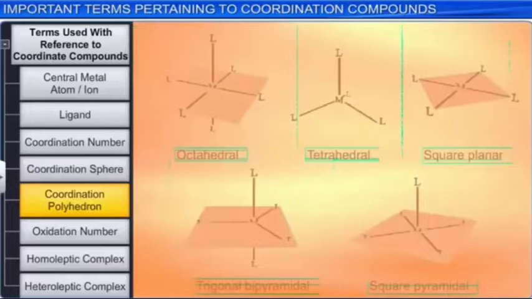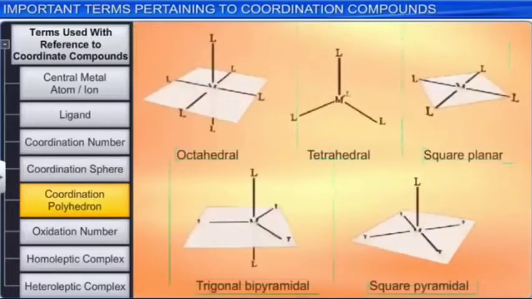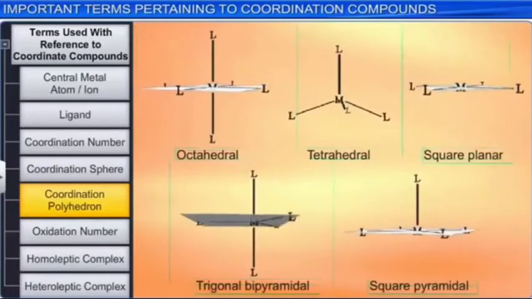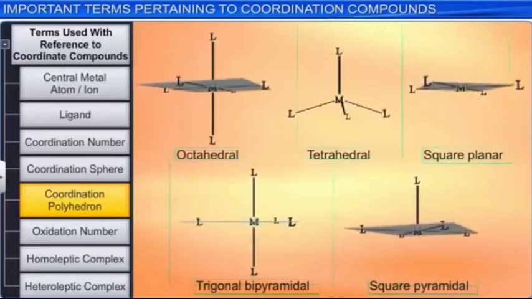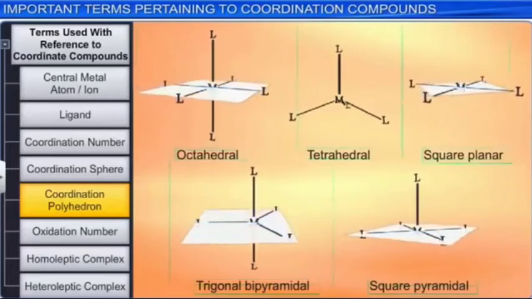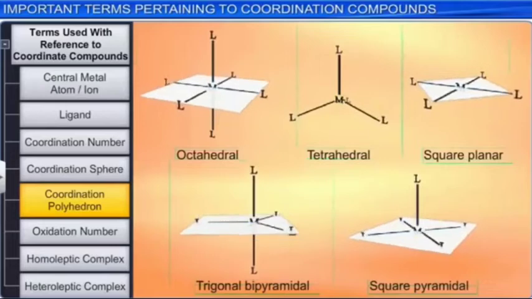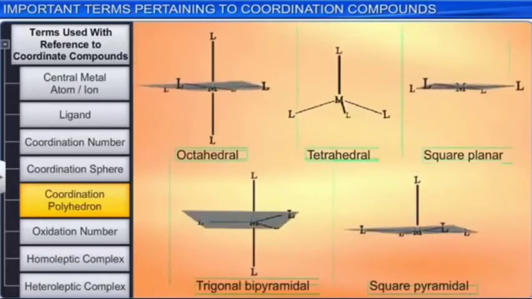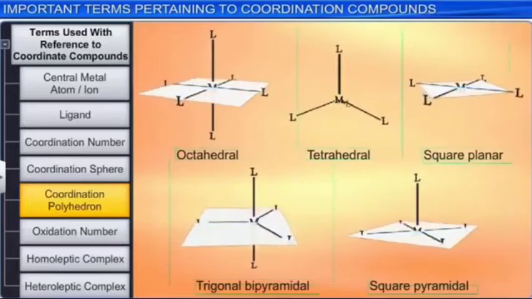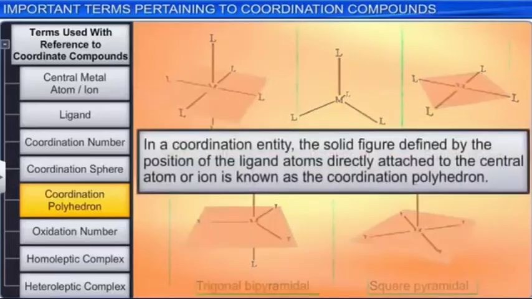In a coordination sphere or entity, the ligands are attached to the central metal ion in such a way that it gives a definite geometry to the complex. Thus, in a coordination entity, the solid figure defined by the position of the ligand atoms directly attached to the central atom or ion is known as the coordination polyhedron.